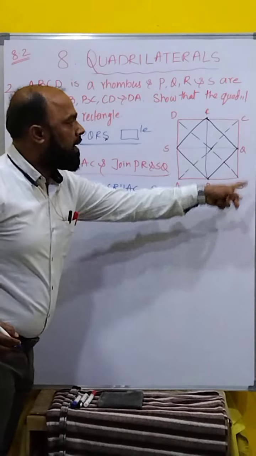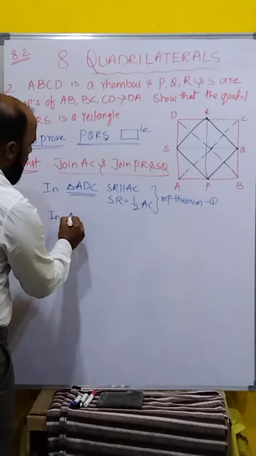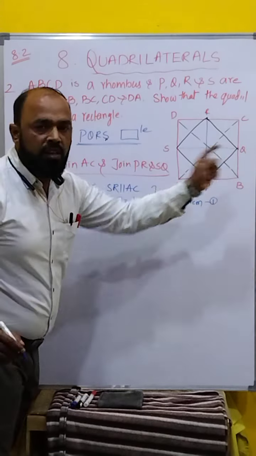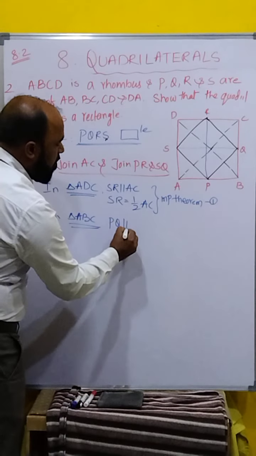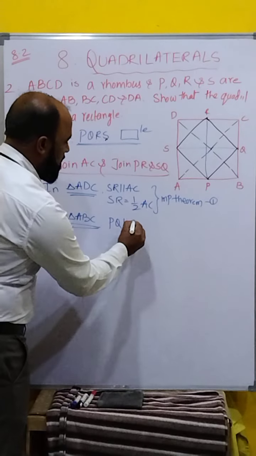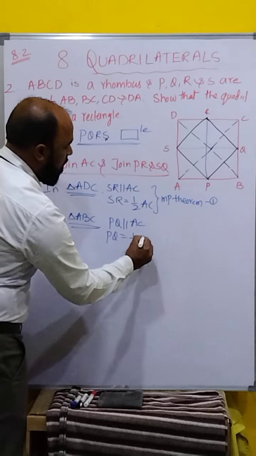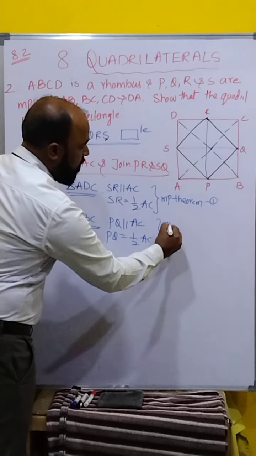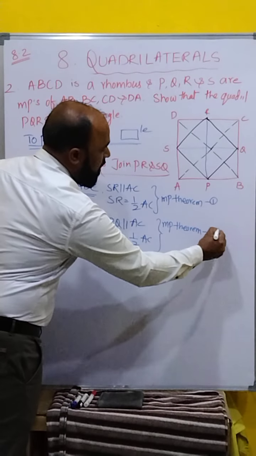Now in triangle ABC, P and Q are the midpoints. Then obviously from the midpoint theorem, PQ is parallel to AC. Then PQ is equal to half of AC. Clear children? Here also same from the midpoint theorem. That is number 2.